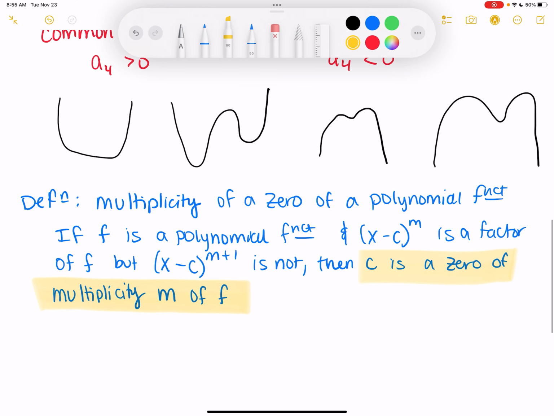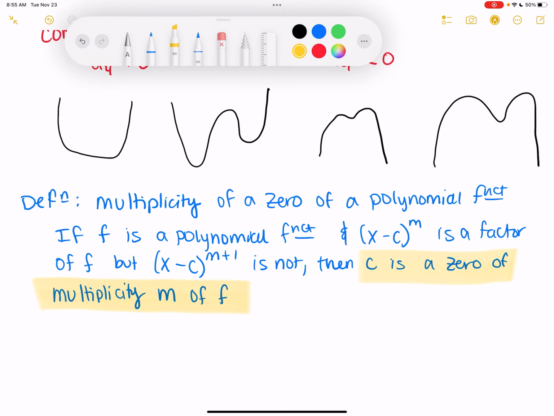Okay, so with that, you'll have problems that'll say, what is the multiplicity? What is the 0? Things like that.